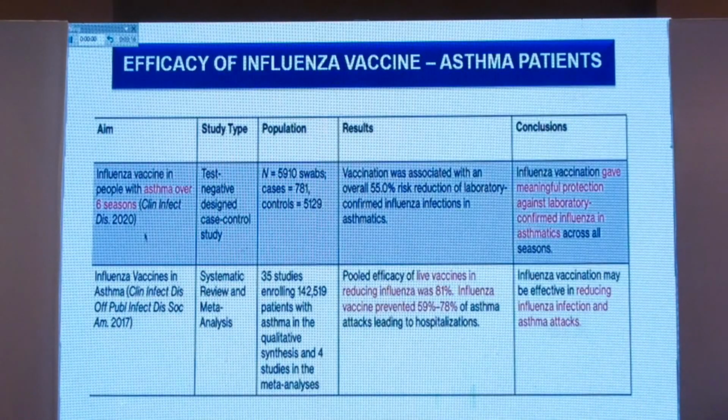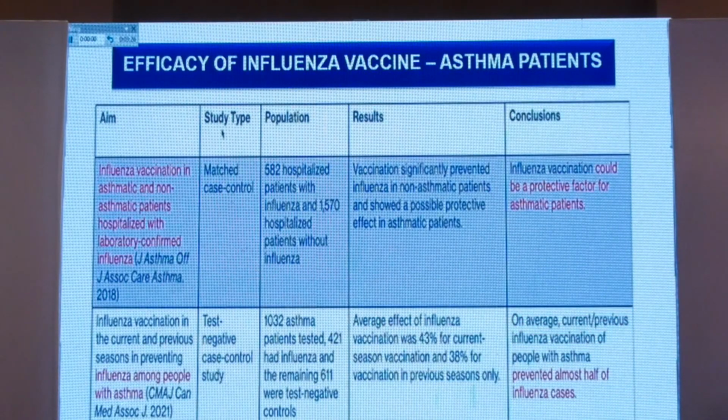In asthmatic patients, similarly, there was meaningful protection. In fact, a 55 to 78% reduction in influenza cases after the vaccination was provided to them. Similarly, there was a reduced risk of hospitalization and a reduced risk of exacerbations as well.